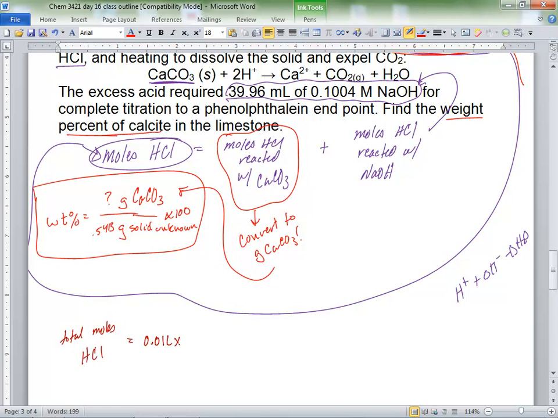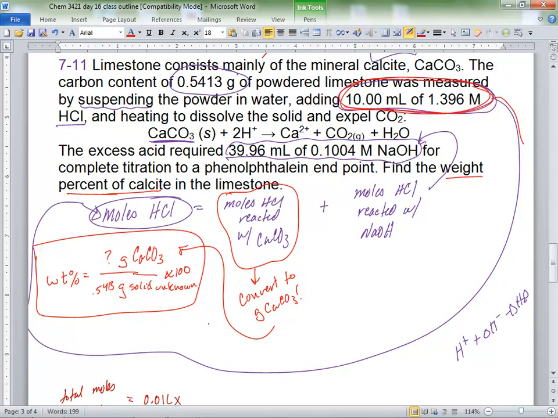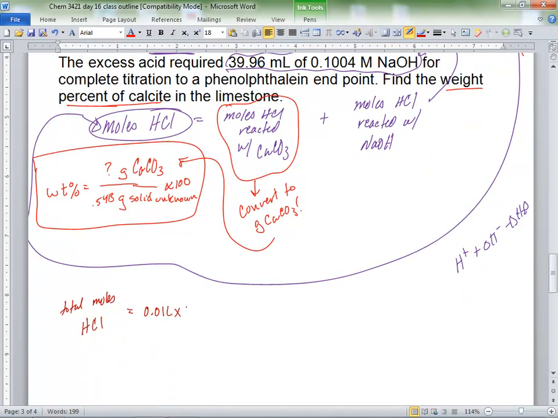0.01 liters times 1.396 moles of HCl per liter. So that's what? 0.01396.